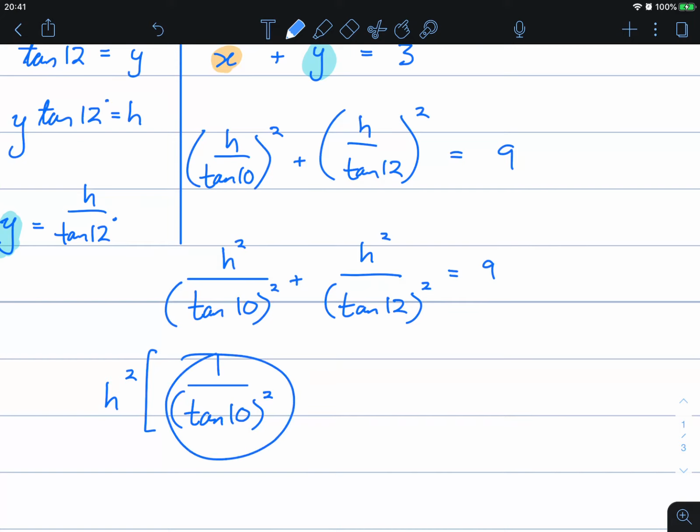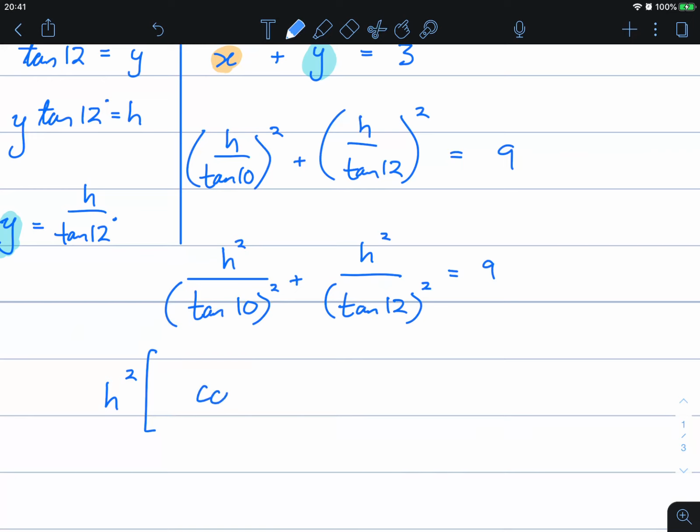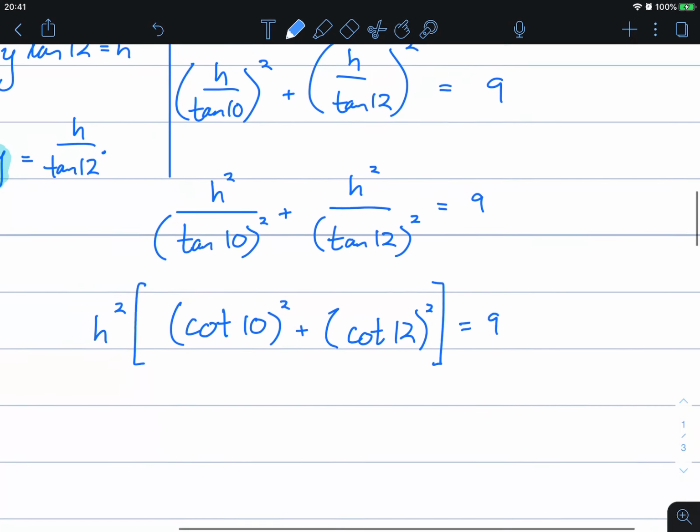We can simplify this as that's going to be cot of 10 squared. And similarly, this one we can simplify as well as cot of 12 squared equals 9.